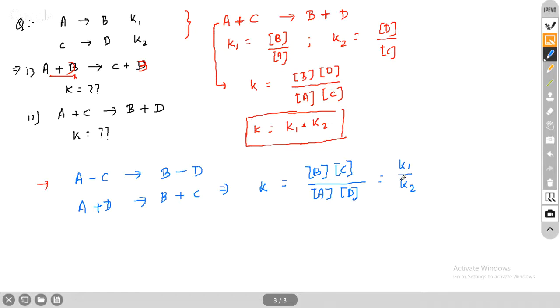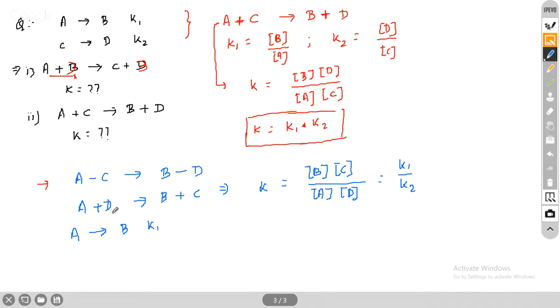Now you see one more thing here. This reaction we are subtracting here, and we get this. One more thing we can do: because we have to write down A plus D here, we just reverse the second reaction. D gives C, if you write. So we already have A gives B, which is K1.